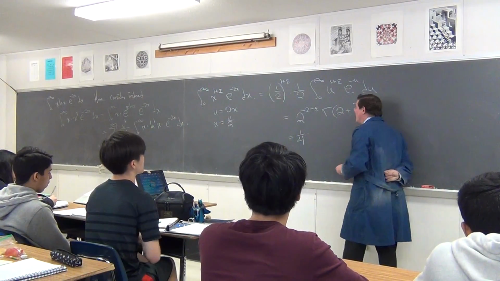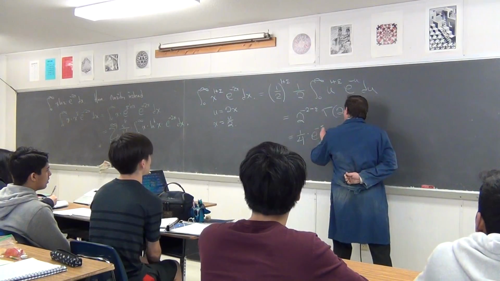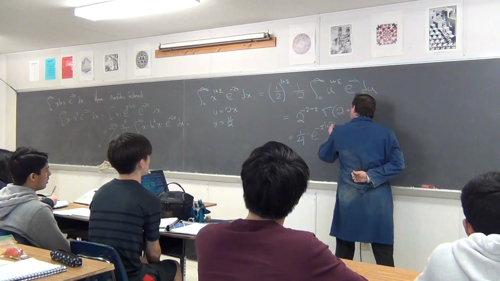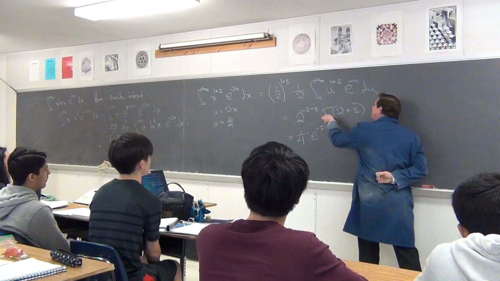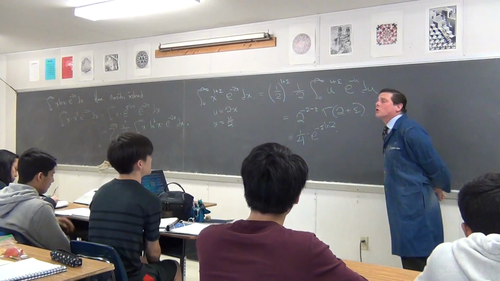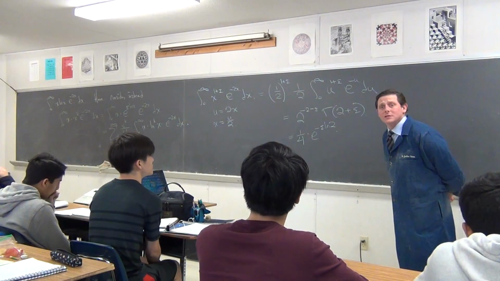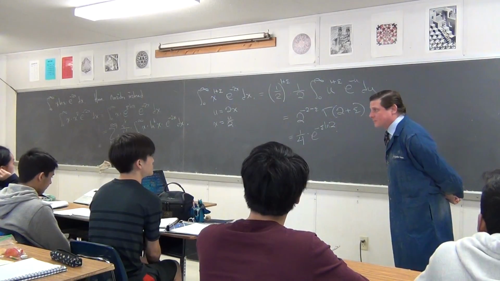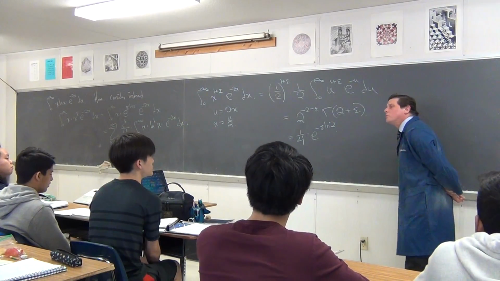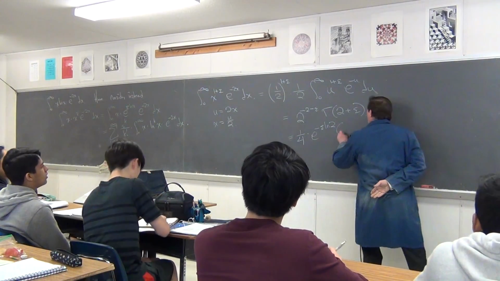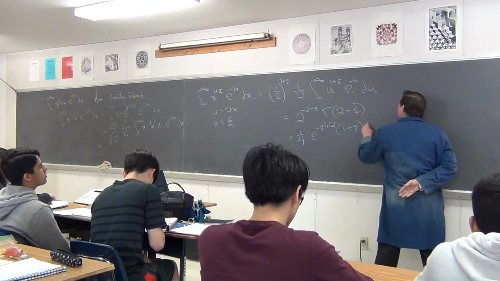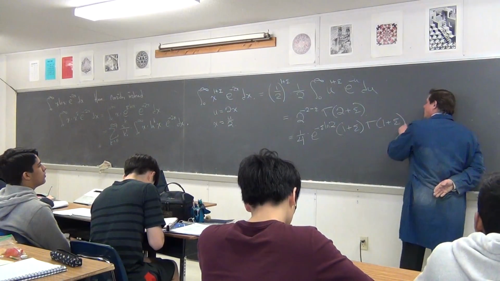And then we would have e to the minus epsilon log 2. And then he says we're going to use the recursion relation. 1 plus epsilon, gamma 1 plus epsilon. That will give me gamma 2 plus epsilon. So I'll say 1 plus epsilon, gamma 1 plus epsilon.